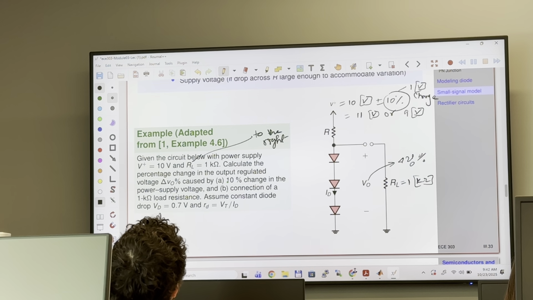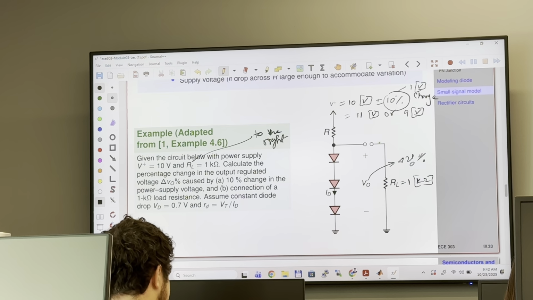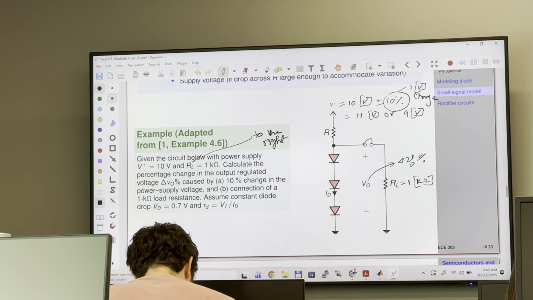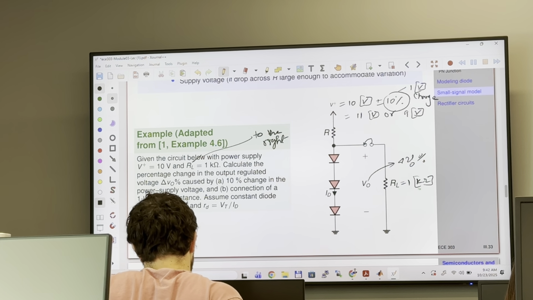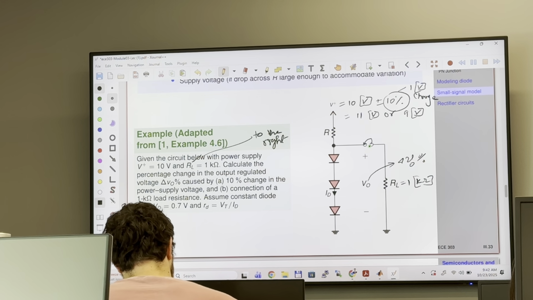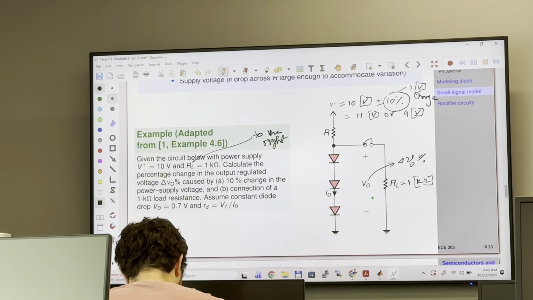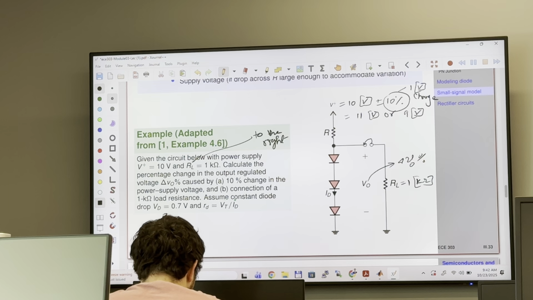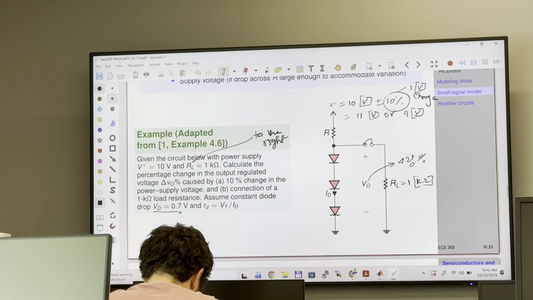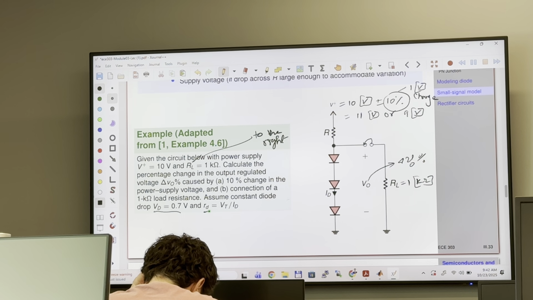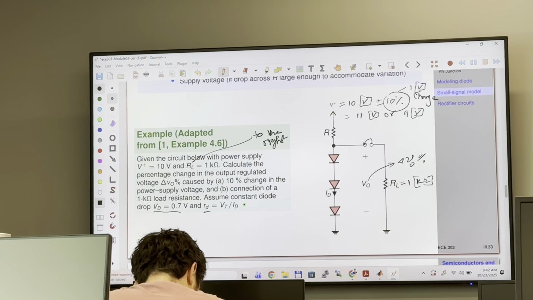So that is number one. And number two, when we connect 1 kilo ohm load here, then what will be the change in the output voltage? That's what it says. And we are going to assume constant voltage drop model with internal resistance or small signal resistance VT over ID.